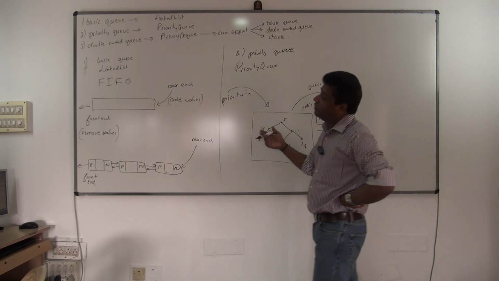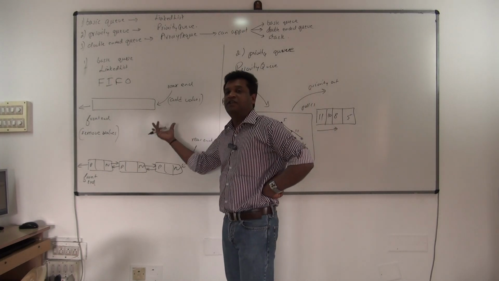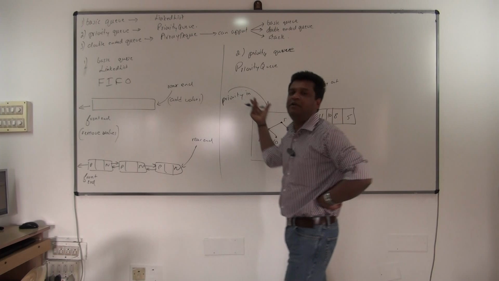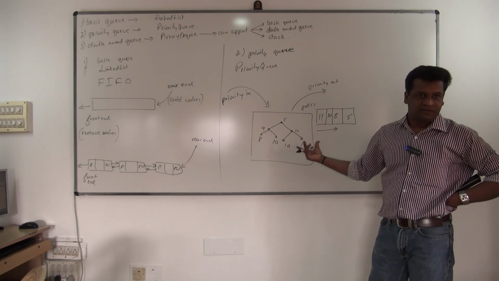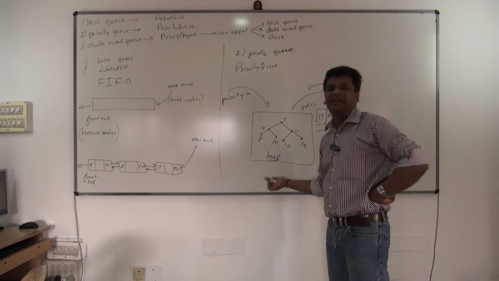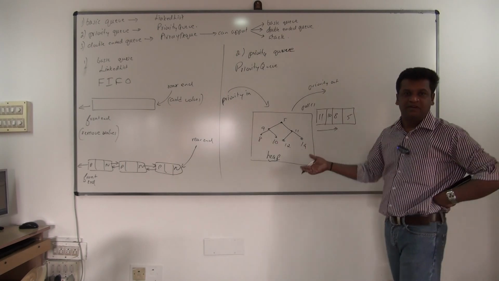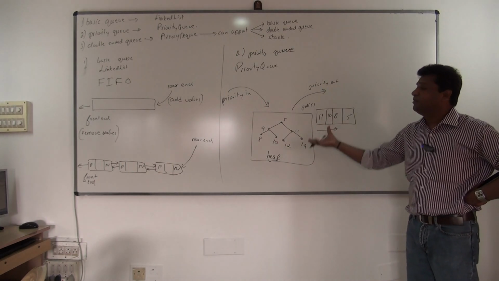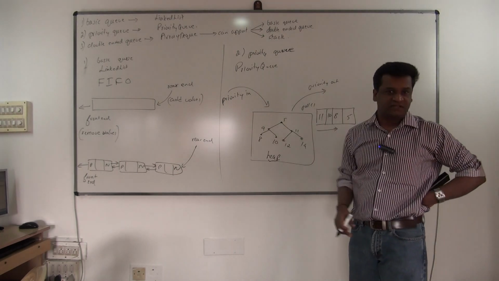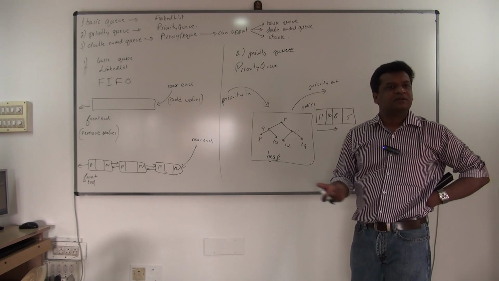So that is the queue concept. The basic queue was implemented with the help of a linked list. Priority queue was implemented with the help of the heap data structure, and a heap data structure is nothing but a binary tree. Don't worry more about that, but this is how it works. Such a terrific concept is given to you with the help of the PriorityQueue class.